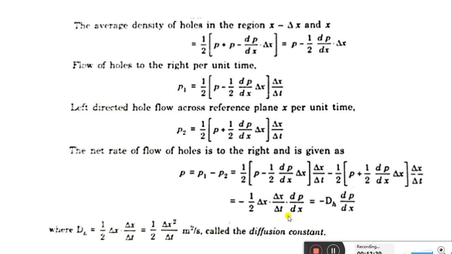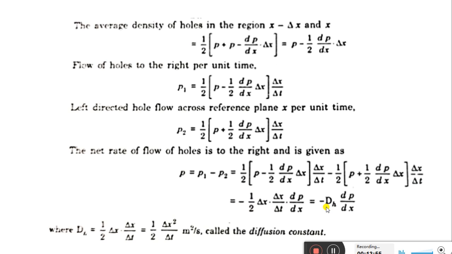Or we can write this expression in a more simplified way. That is, dp by dx we have written as it is, and this term, leaving the minus, we have taken as DH.